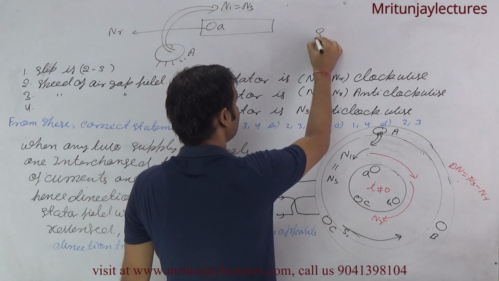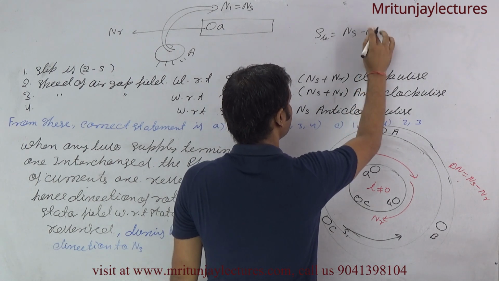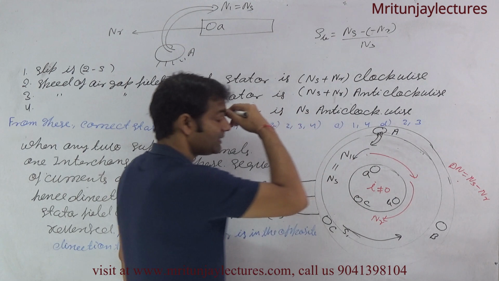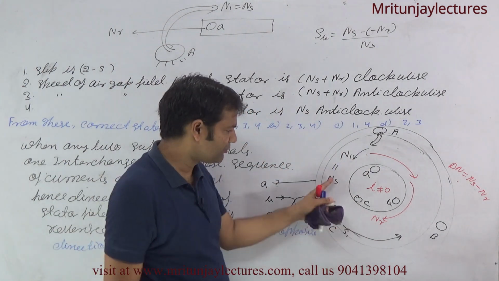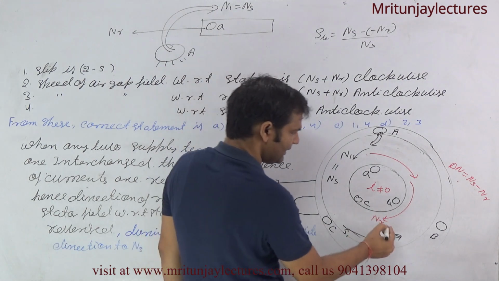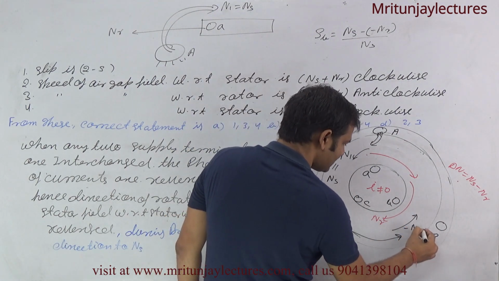what about the braking slip? SB is NS minus NR divided by NS. Why minus NR? NS is like this, and NR is in the opposite direction of NS. If NR is written in the direction of the stator field, that is minus NR.